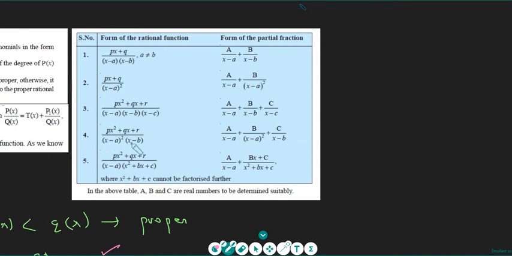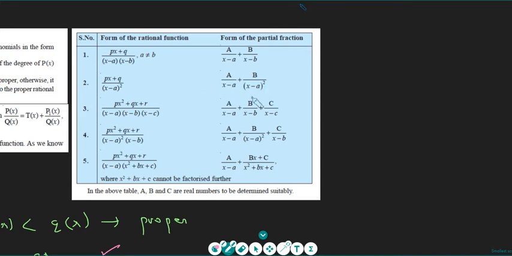The fourth one is px squared plus qx plus r divided by x minus a all squared into x minus b. This can be done as A divided by x minus a, as we did before. When you compare this with the second, if it has degree 2, we write it without the highest degree, as a normal linear term, and then with the highest degree.